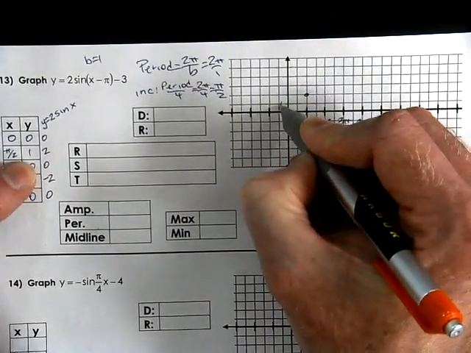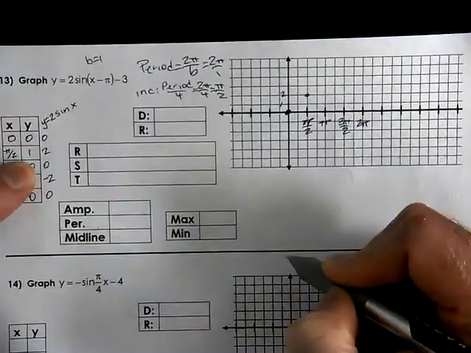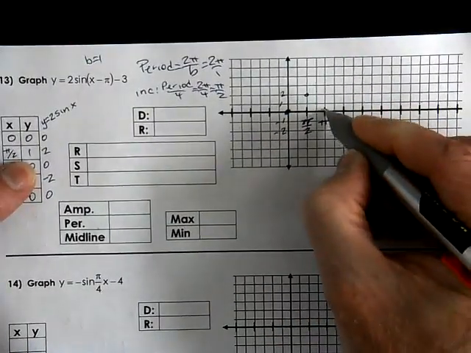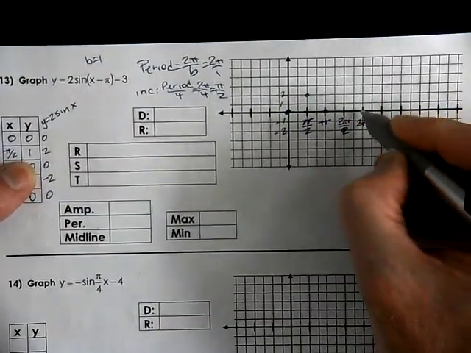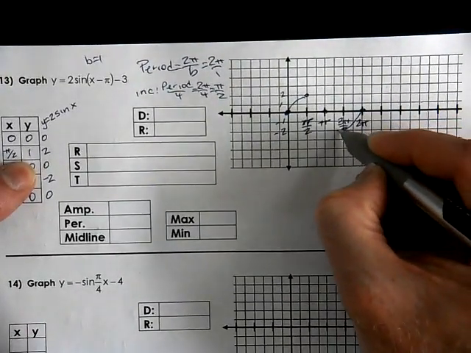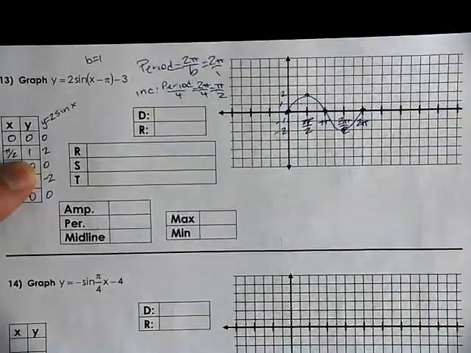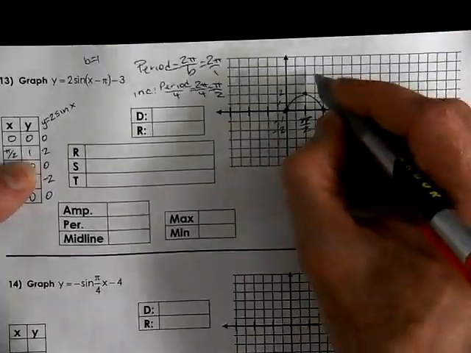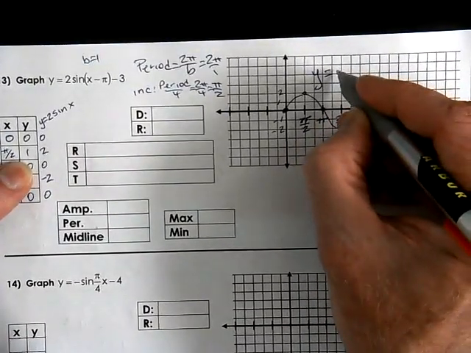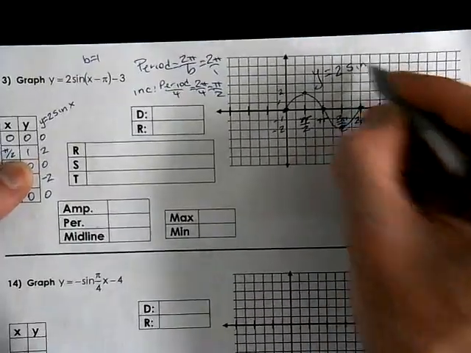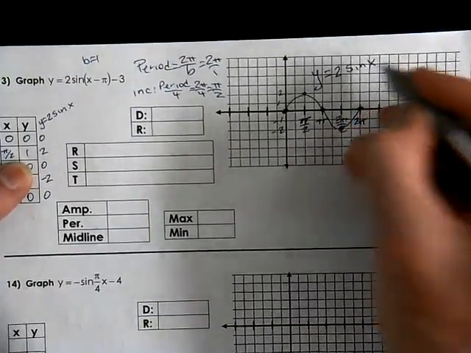If that was 1, this is 2. 0, negative 2, and 0. Just like that. That's the graph y equals 2 sine of x.